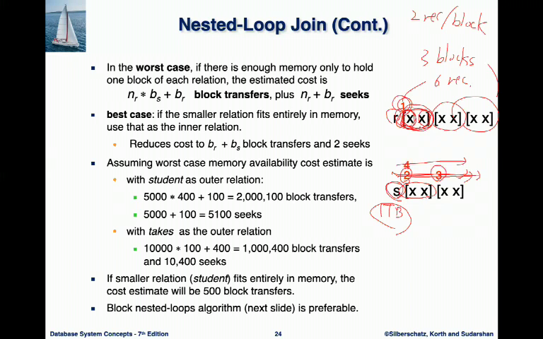Then I move on to the next record and need to do a full scan on S. For every record in R, we do a full scan on S. Because S is too big to fit into main memory, nothing can be fully loaded, so you need to read everything from scratch. So block transfer number 4 and number 5.